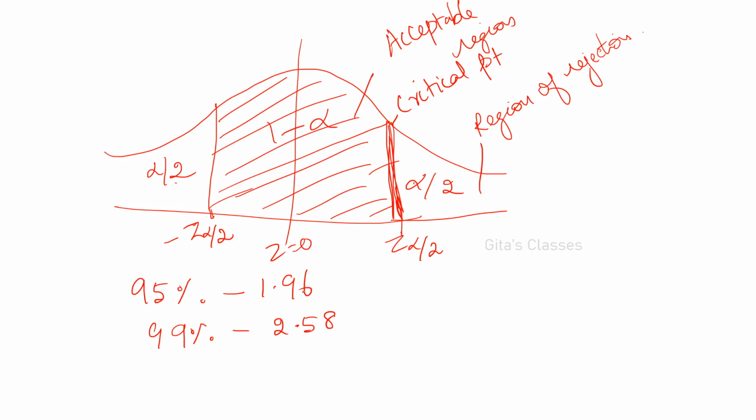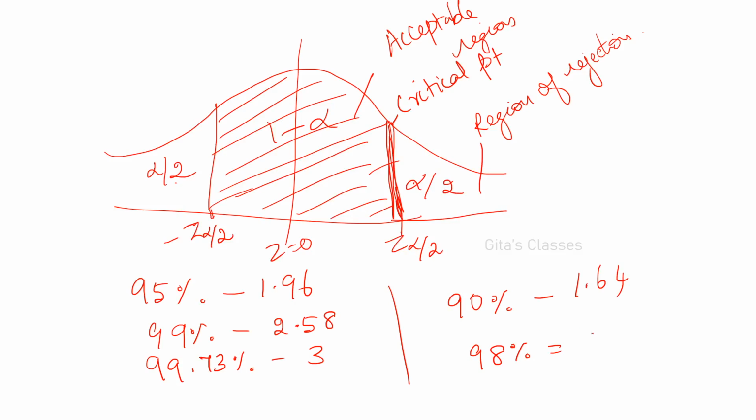Even if you don't remember, you know how to find the value from the table. 99.73% is 3, 90% is 1.64, and 98%, which is rarely considered but they may ask, is 2.33. So please remember these five values: 99.73% is almost 3, 95% is 1.96, 99% is 2.58, 90% is 1.64, and 98% is 2.33. That's all about estimation.